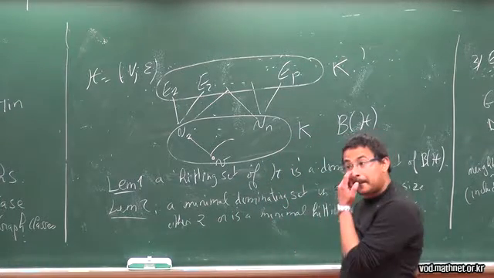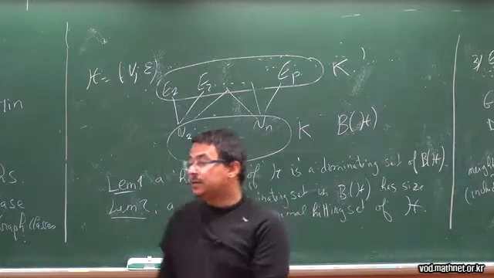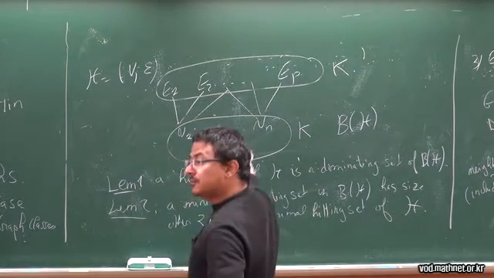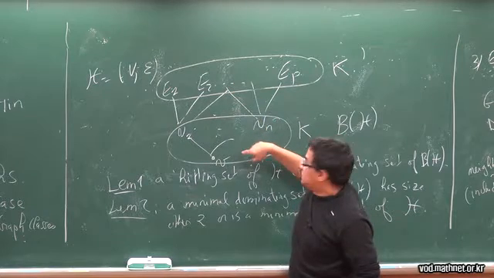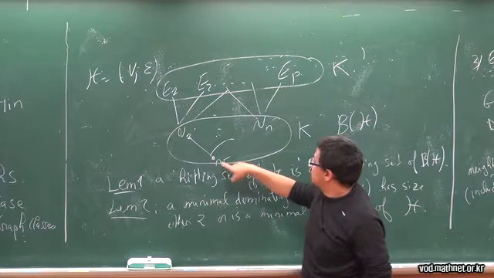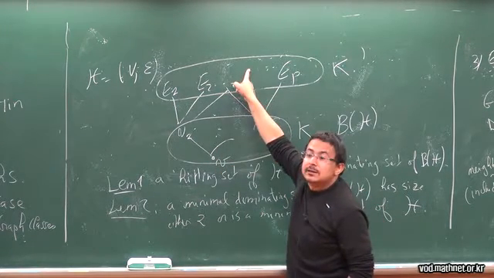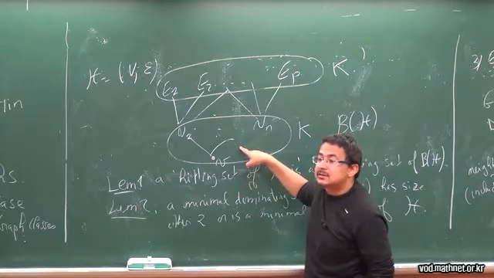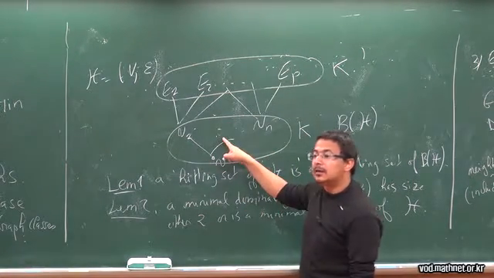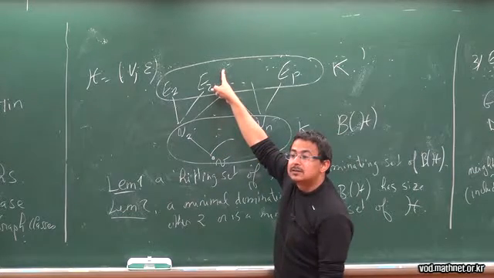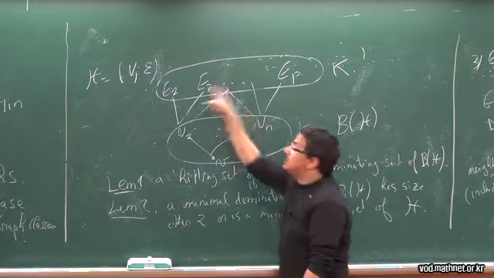of H. If you take any minimal dominating set of this graph, assume it should intersect this part, because V does not see anything here. So if it intersects this part, you take 1, it dominates everything here. Now if it intersects this part, then again you take 1, it dominates everything here.